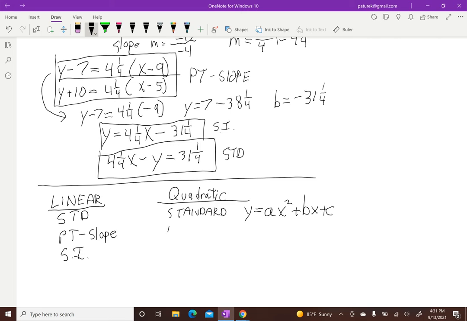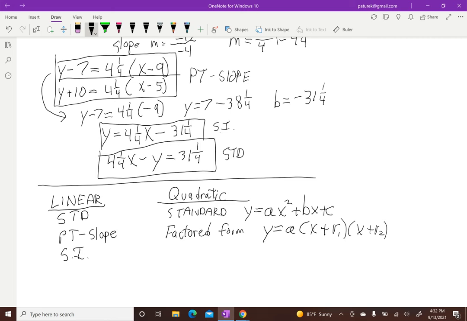There's also factored form. And this is where we would say y is equal to a times open parentheses x, let's say plus root 1, times x plus root 2.